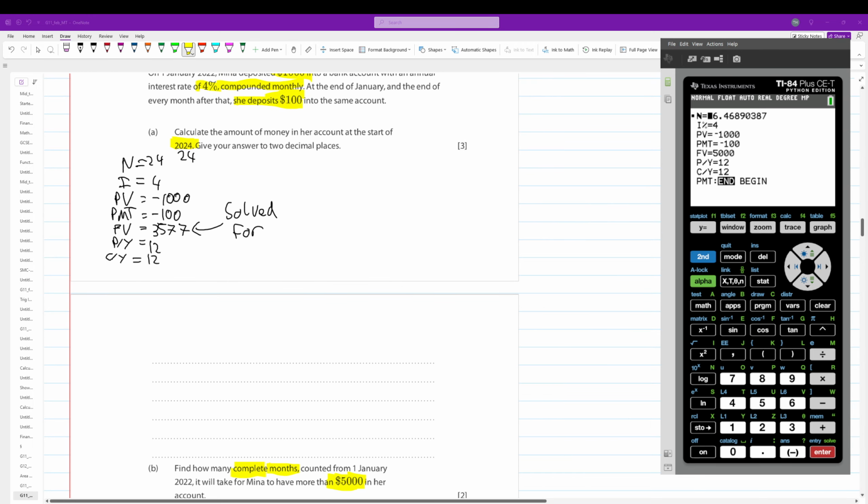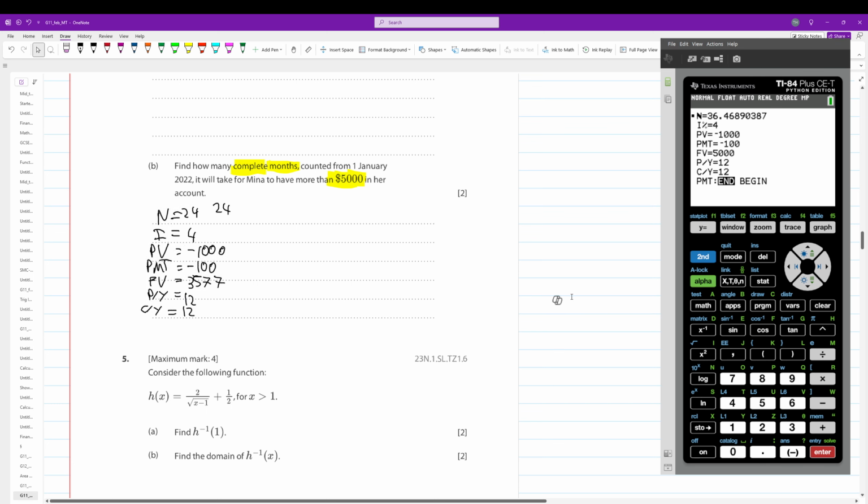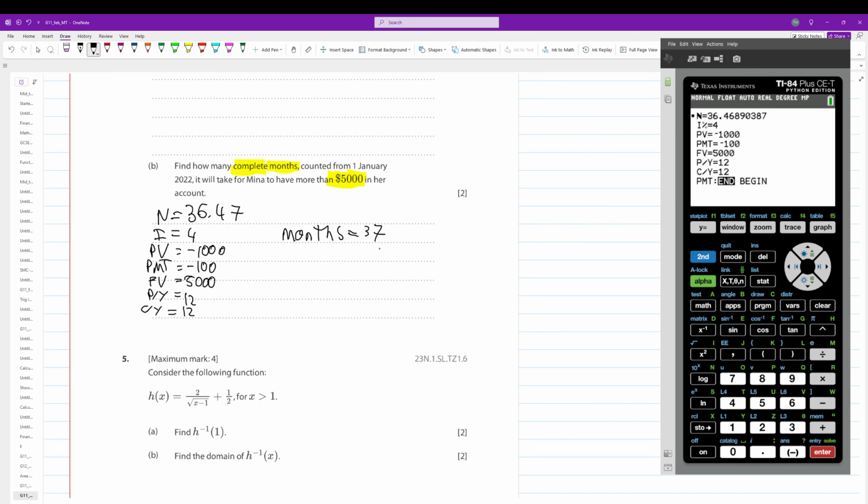Now, we really should write out the same thing again, but I am using a computer, so I will absolutely cheat and make things quicker here by copying and pasting and just changing the numbers that I need to change. So number of compounds is now unknown, but my final value should be 5,000. I calculate it, I get 36.47, which means that my complete months will be 37.